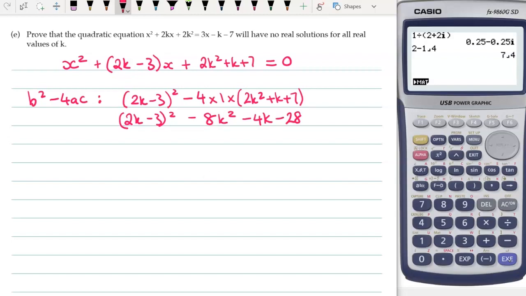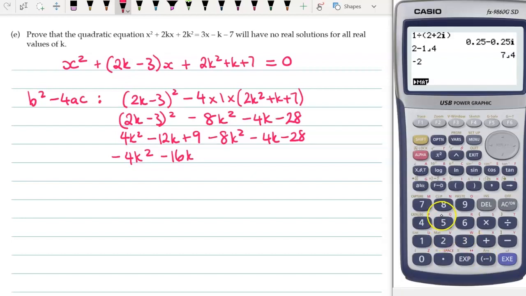If we expand this first bracket, we get 4k squared minus 12k plus 9. Which we end up with minus 4k squared minus 16k minus 28, add on 9 is going to be minus 19.